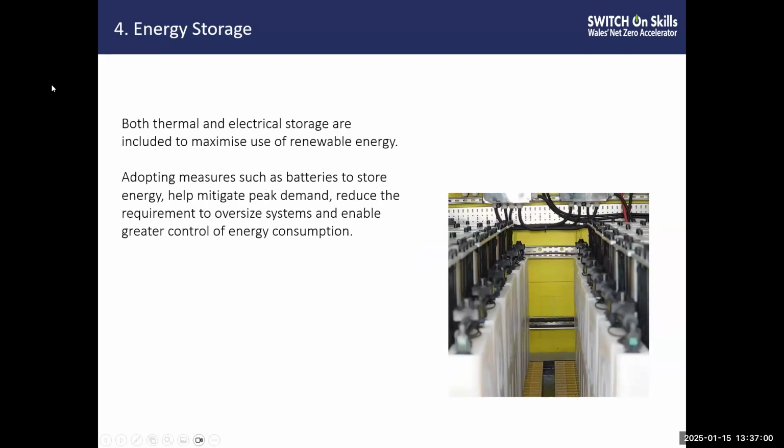Energy storage. Both thermal and electrical storage are included to maximize the use of renewable energy. Adopting measures such as batteries to store energy helps mitigate the peak demand and reduces the requirement to oversize systems, and will enable a greater control of energy consumption.